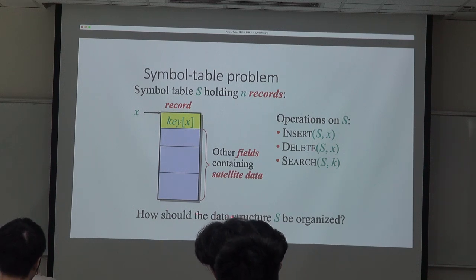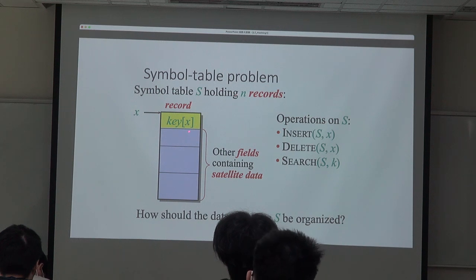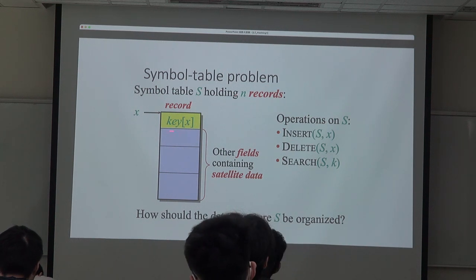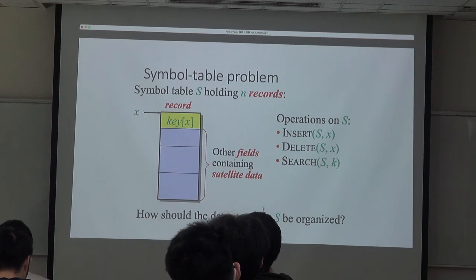So how should such a data structure be organized? We are going to consider insert, delete, and search. Obviously we are going to search or insert through this key, and we want to do these operations efficiently.